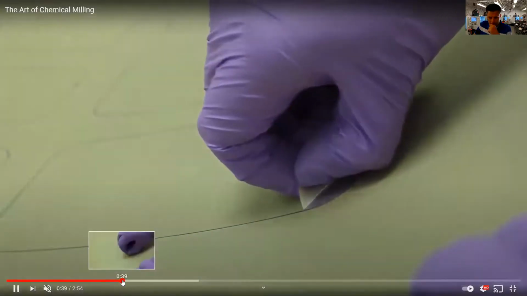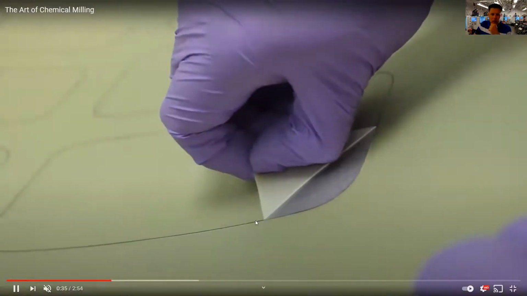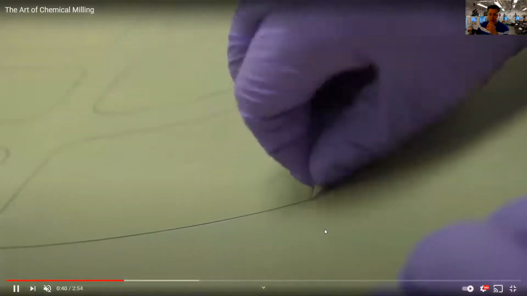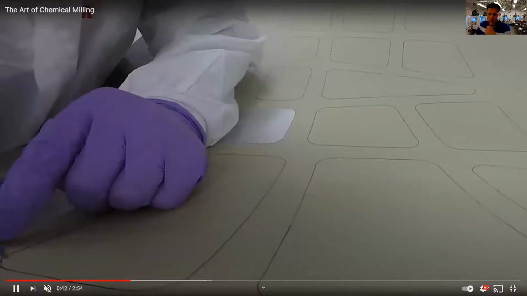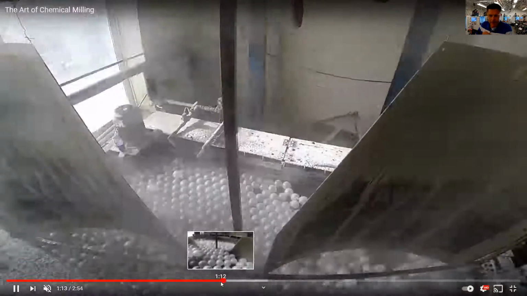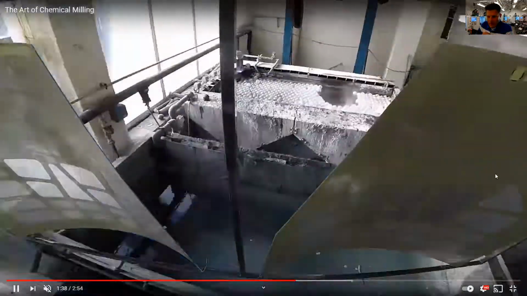Then they are taking away the places where they want to pocket out this part right here. So they're peeling off that chemical resist, or the mask. Now, once they have it all peeled off, they dip it in the acid. You'll see they're dipping it in the acid, and then there's another bath right there. They dip it in.